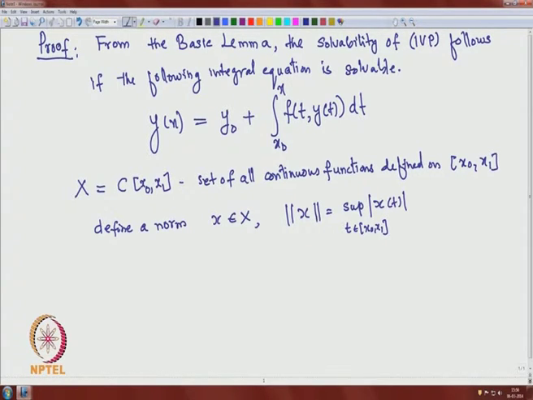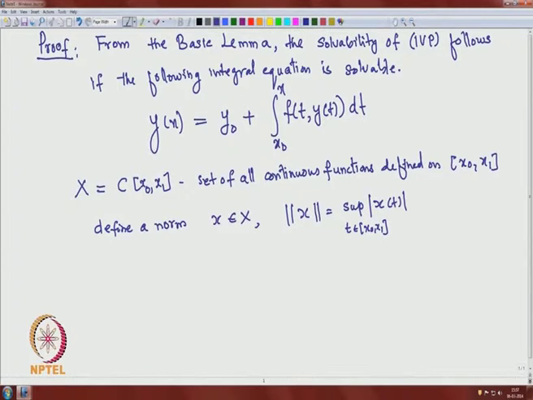It is called the sup norm or max norm. So, X is the set of all continuous functions. Supremum and maximum are the same in this interval [x0, x1], a closed and bounded interval.